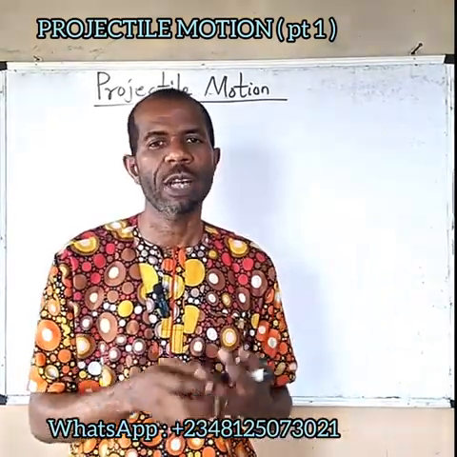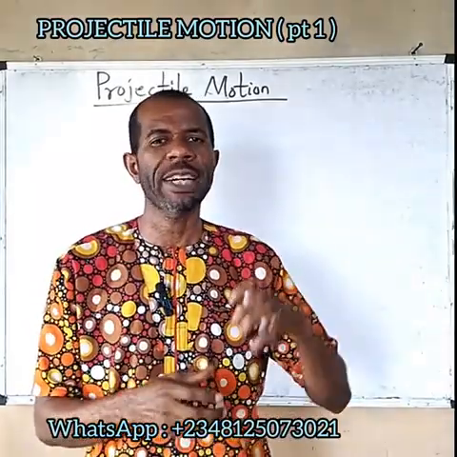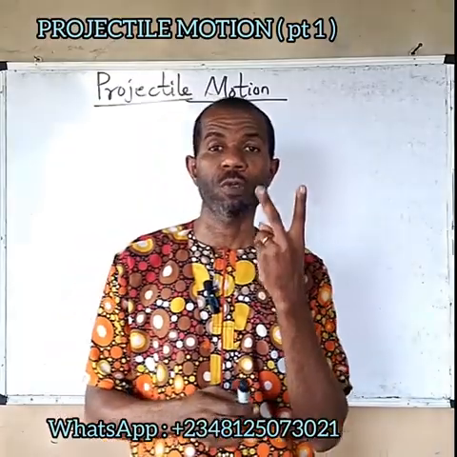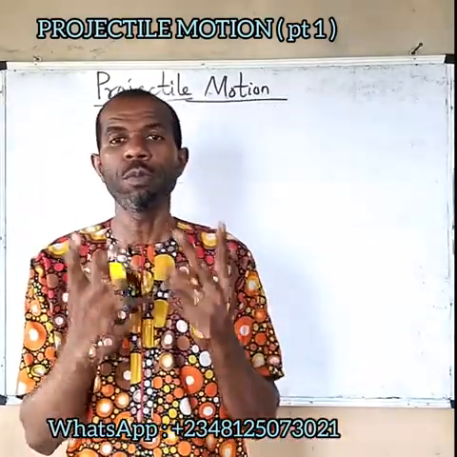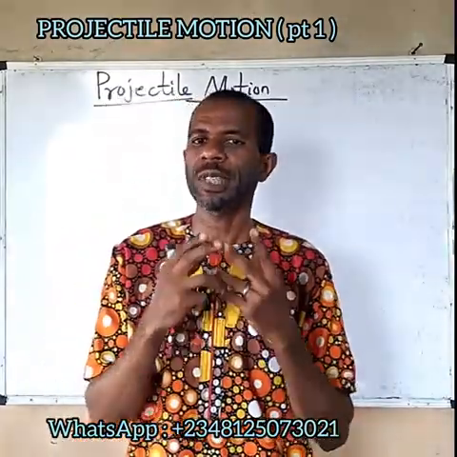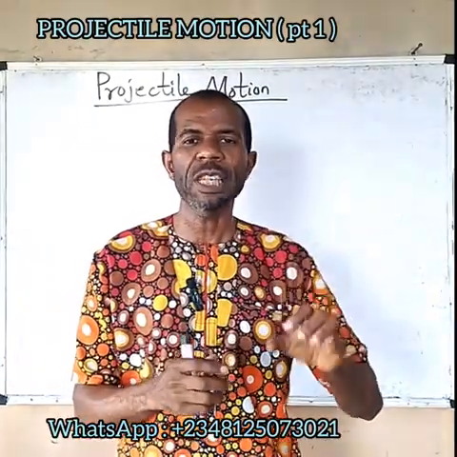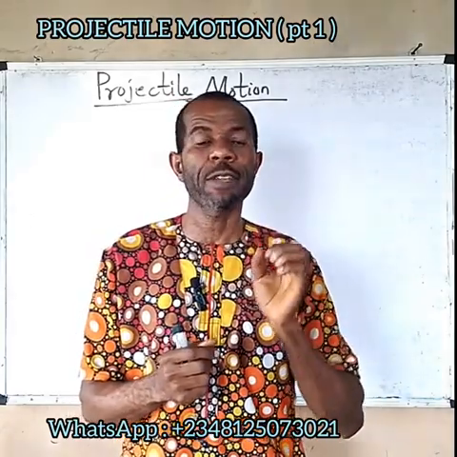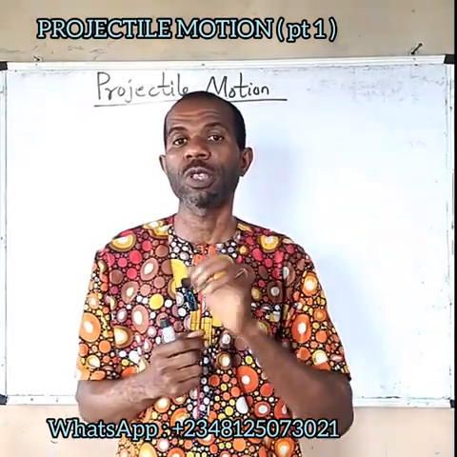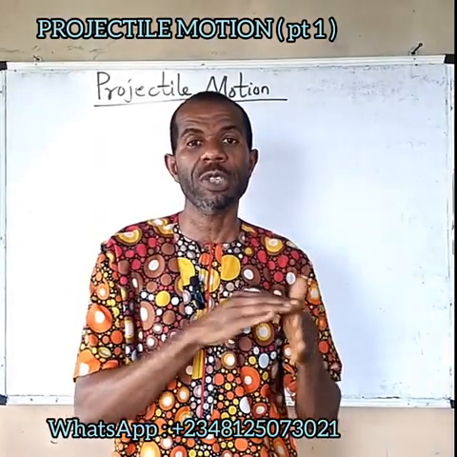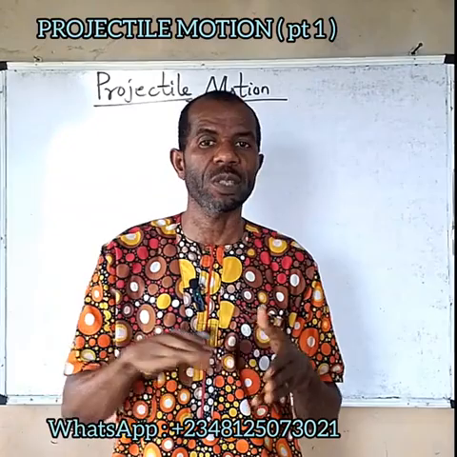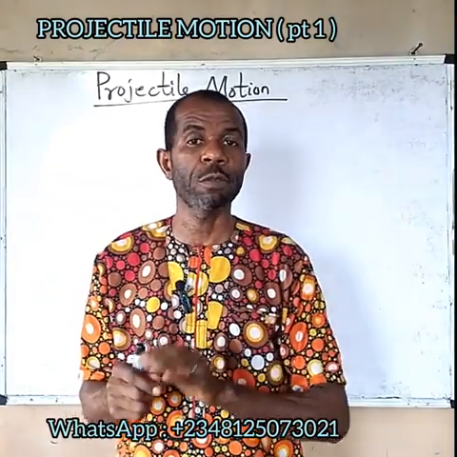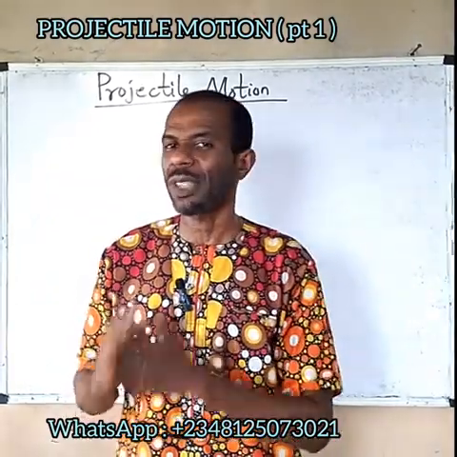Since we said our projectile motion is a motion under gravity in two dimensions, that means two motions are happening simultaneously. They are happening independently. But the vertical motion is only affected by the force of gravity. But the horizontal motion remains the same. The horizontal projection velocity remains the same.